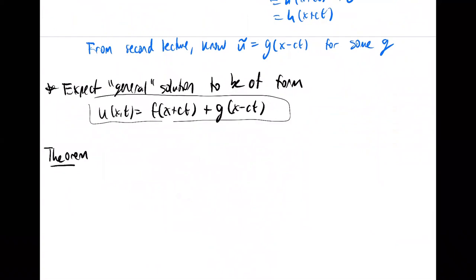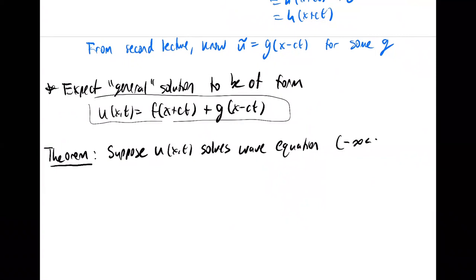And so I'll write this as a theorem. Suppose u of x,t solves the wave equation. And again, we're looking at the domain where minus infinity is less than x, which is less than infinity.